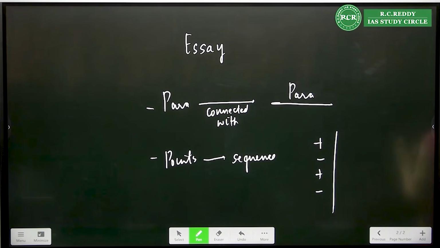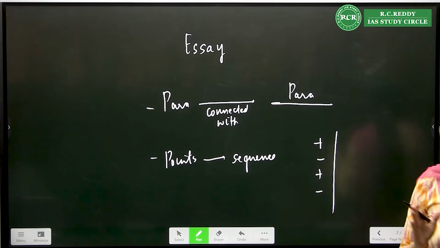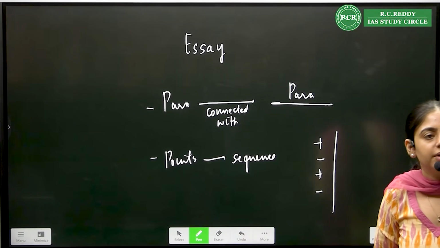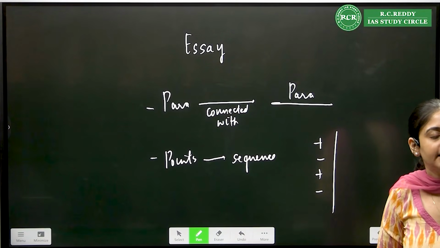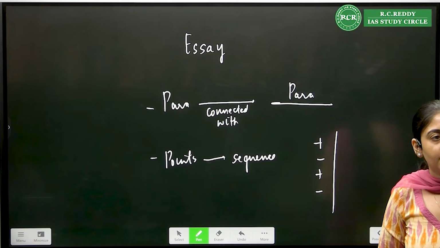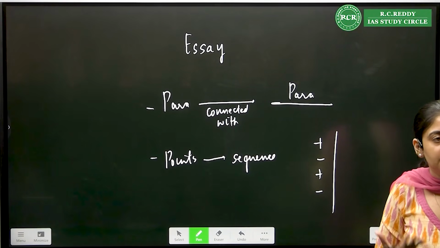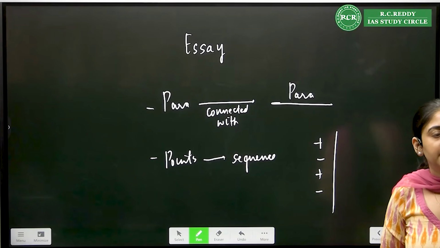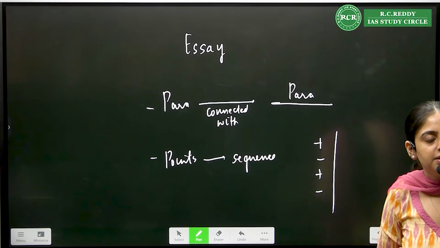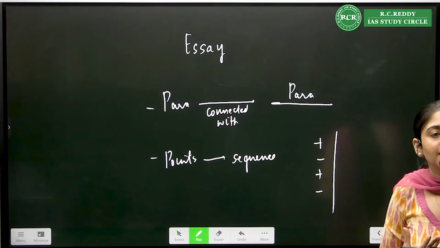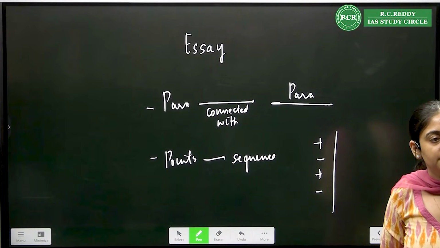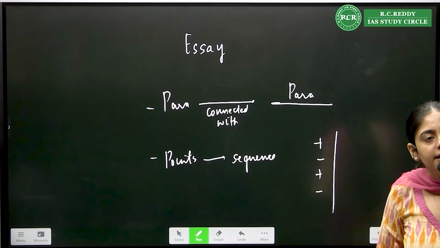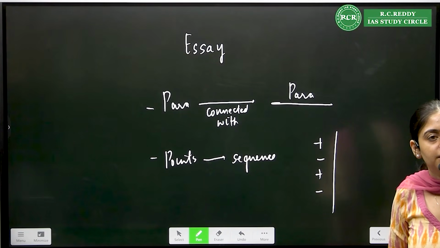Say, for example, they ask you about reservations for women in legislature. First you discuss what these reservations are. Once that is complete, you discuss the need for it. When the need is done, you discuss the advantages. Once advantages are done, you discuss the disadvantages.